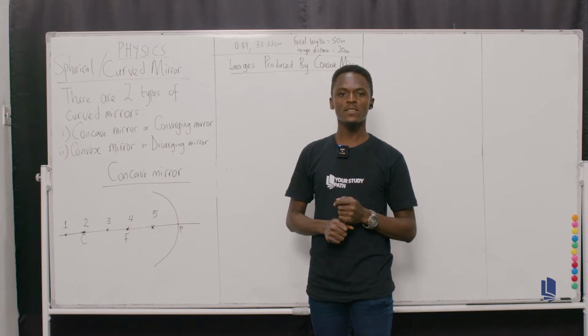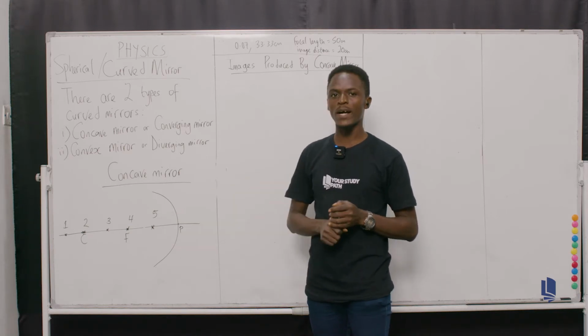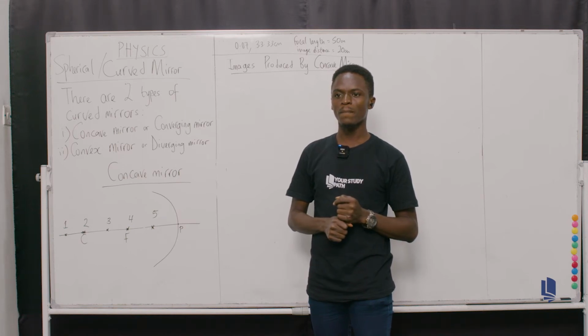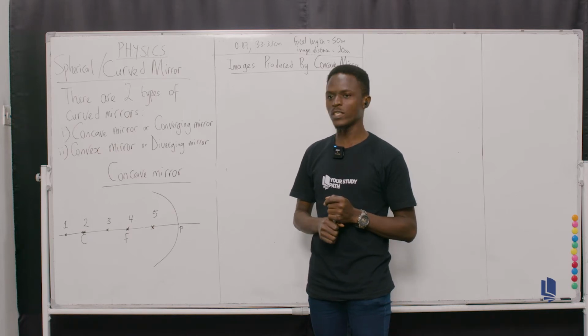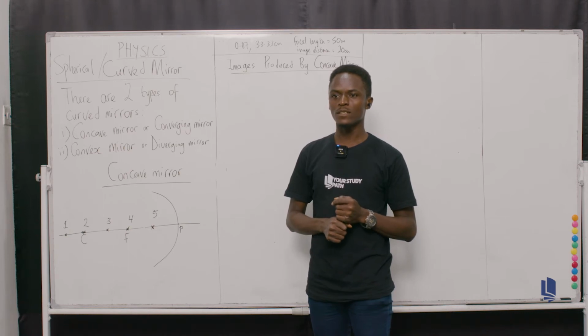Okay, one person. The image is formed by a concave mirror. Center of curvature. Thank you, Ma. Any other person? I've been taught the topic already.